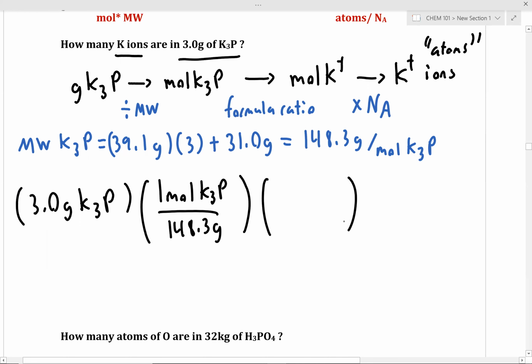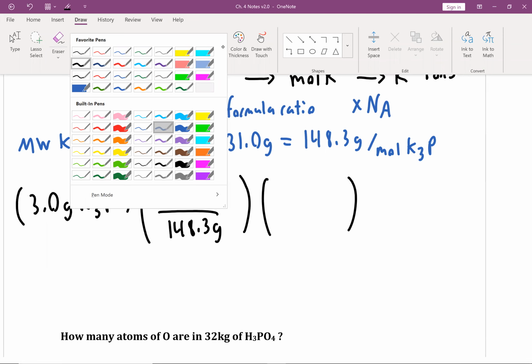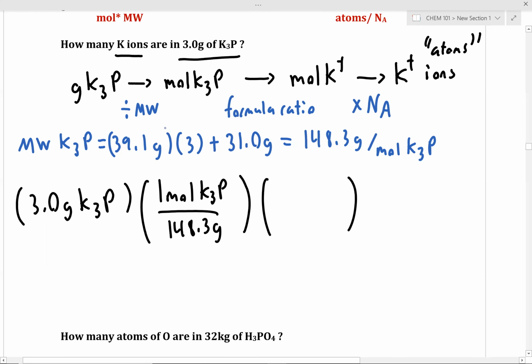The next question, we're going to need to fill in our formula ratio. And if we're going from moles of potassium phosphide to moles of potassium ion, what units are on top? Moles of potassium ion. So how many moles of potassium ion are present in 1 mole of potassium phosphide? 3, yep.